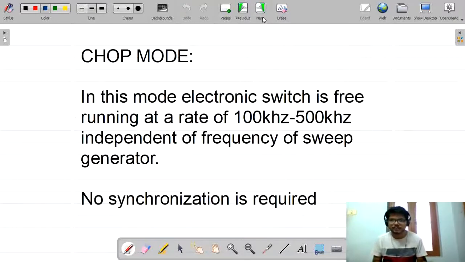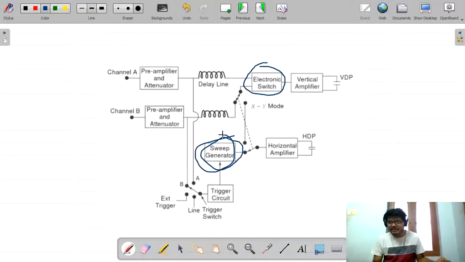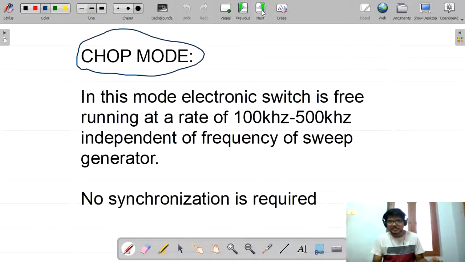Now we are entering the chop mode. What is the fundamental difference between alternate mode and chop mode? In the alternate mode, my electronic switch speed depends on the sweep generator rate, but in the chop mode my electronic switch is independent of the sweep generator.